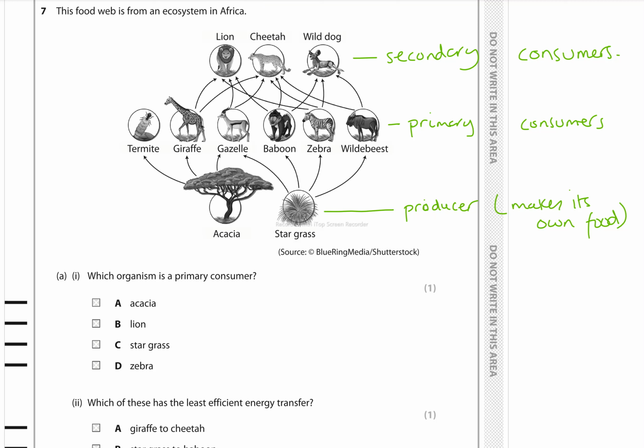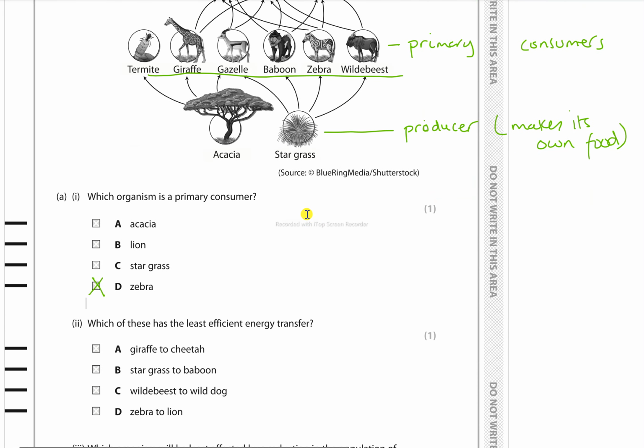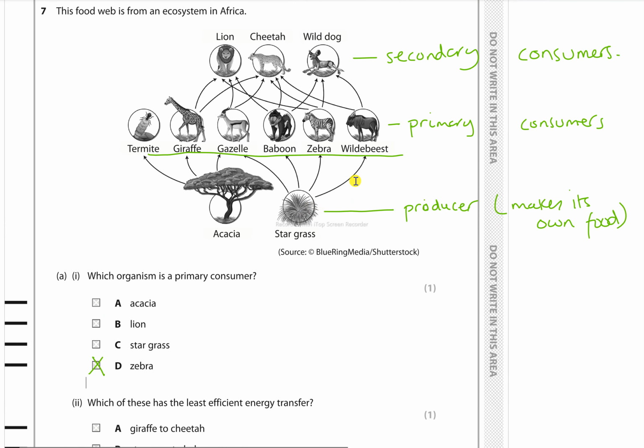Which organism is the primary consumer? It's one of these. Zebra. Okay. Which of these has the least efficient energy transfer? You lose 10%.